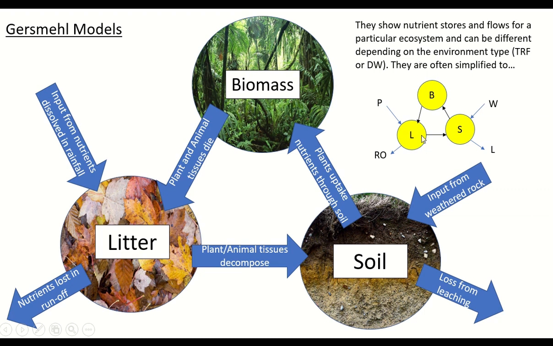And if there's not much in the way of litter or soil nutrients, then these circles would be a bit smaller. And the arrows can change as well in terms of their thickness. The fatter the arrow, the more that thing is happening. So if there was a big fat arrow here, and this was much bigger than these other ones, for example, it would show you that lots of the nutrients are being passed from the soil to the biomass, and vice versa. So now we've seen Gersmehl models, we'll see them in action really, looking at rainforests.